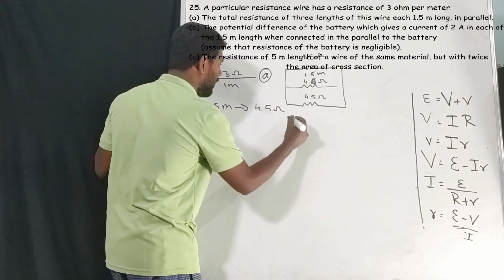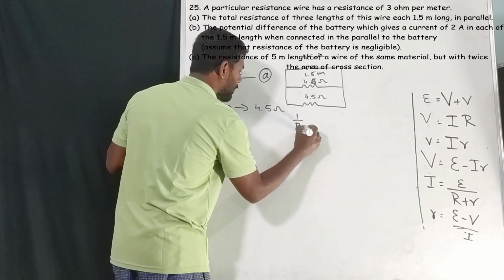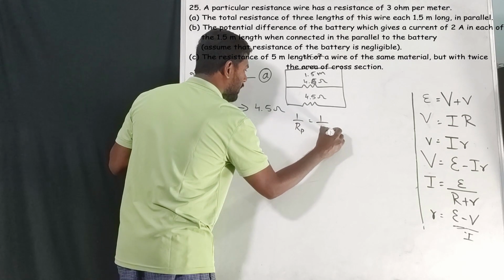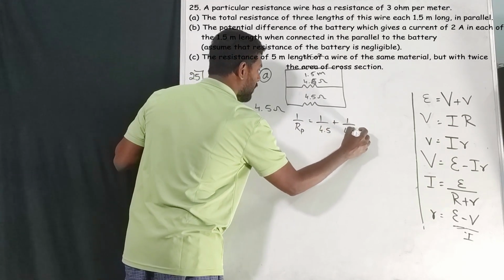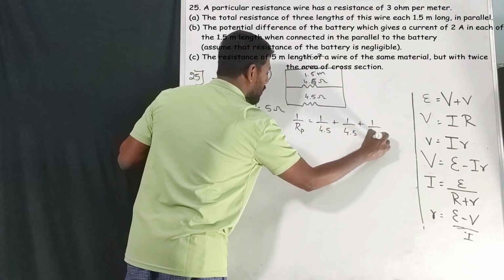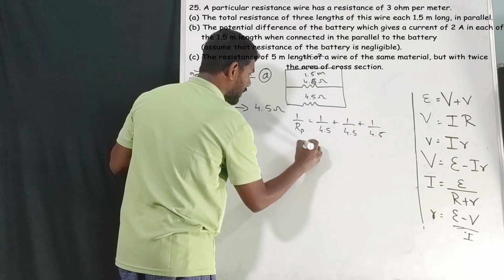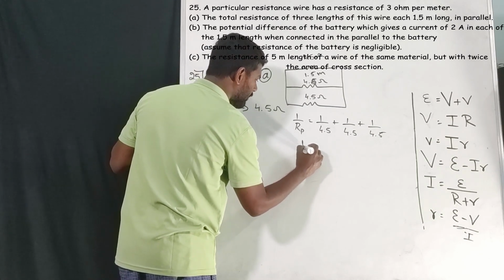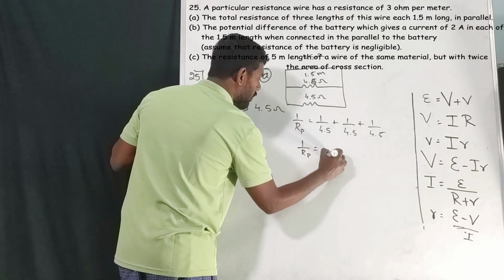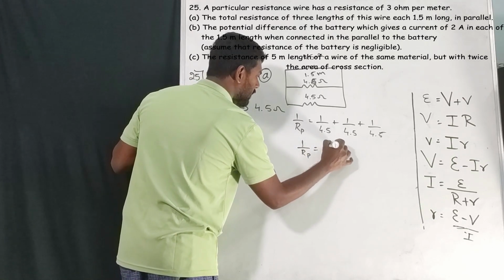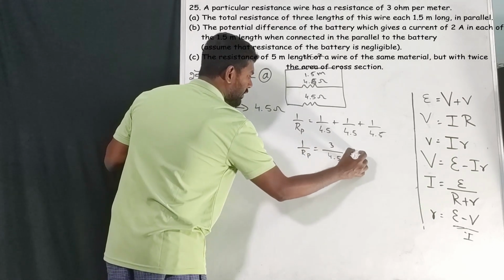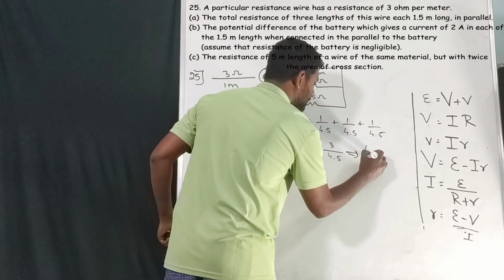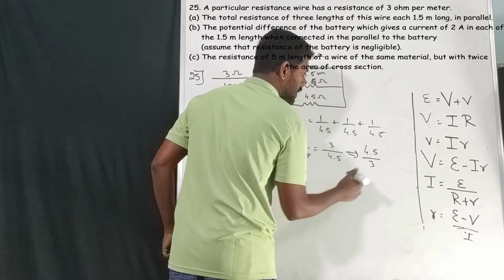Okay, listen, 1 by Rp is equal to 1 by 4.5 plus 1 by 4.5 plus 1 by 4.5. So 1 by Rp is 3 by 4.5, and when you take the reciprocal, Rp is 4.5 divided by 3.